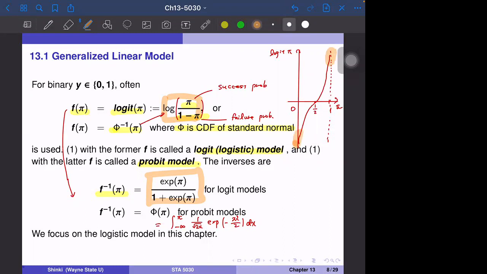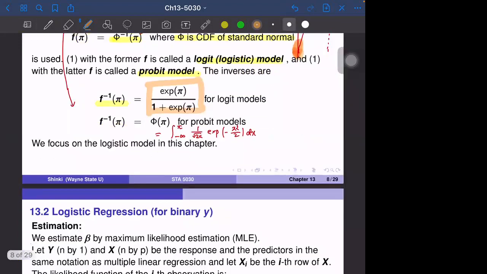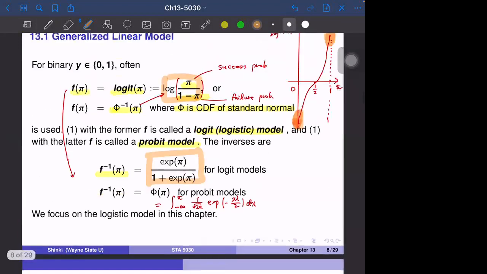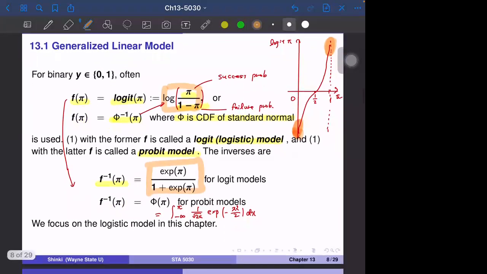For the logistic curve, the approach to 1 and 0 is slow, and for the probit model, the approach is faster. So if a contradiction happens, where with very high success probability we failed, or with very low success probability we succeeded, the likelihood function is unstable and estimation is difficult for the probit model. But for some data, the probit model fits better. So this is an overview of the logistic regression model.